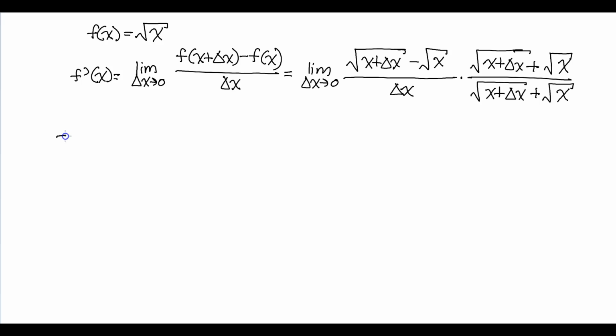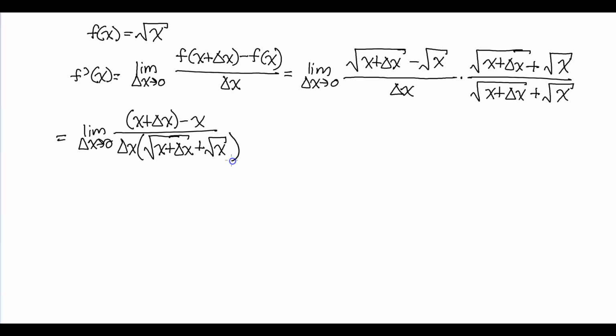So now it seems like we made the limit a whole lot worse. x plus delta x minus x over delta x times the square root of x plus delta x plus the square root of x. It looks a whole lot worse, but if you notice, cancel, cancel.